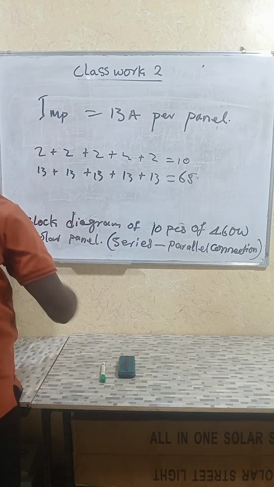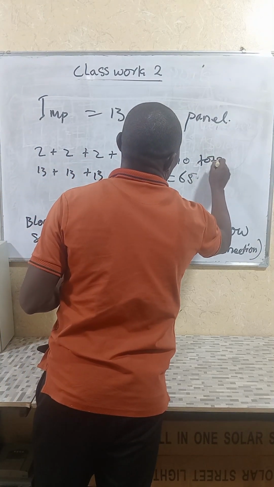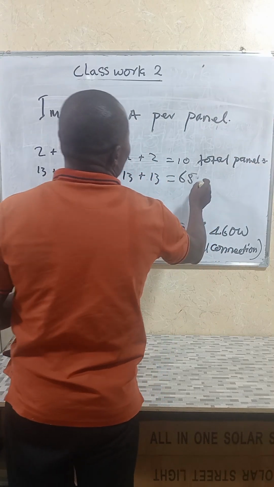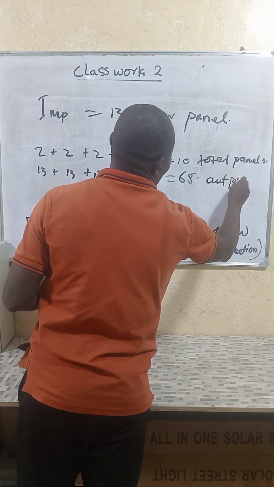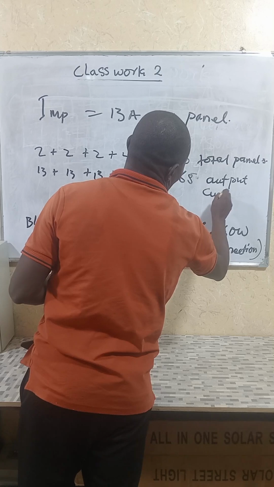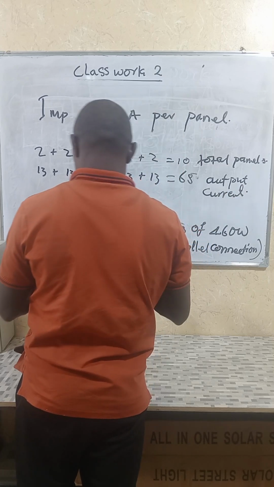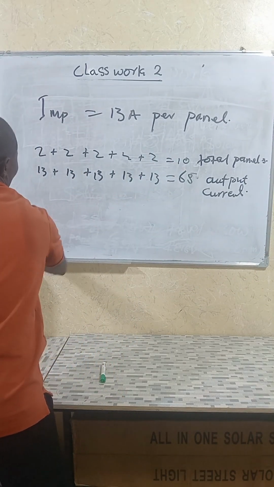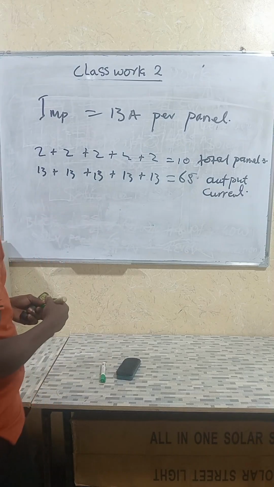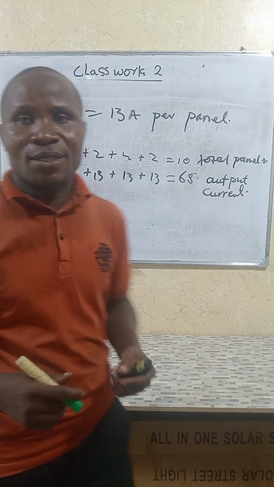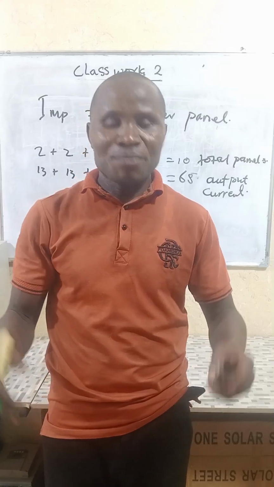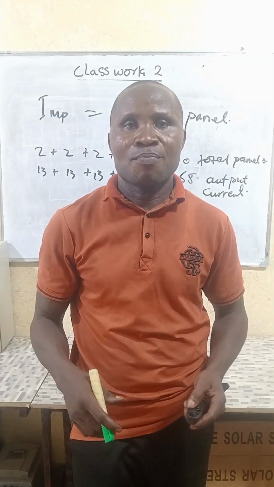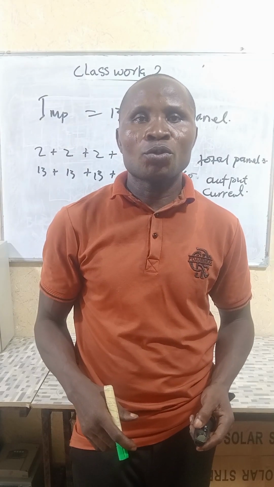This is the output current. As simple as it is, if you make a mistake, it can become a big problem, and that is why it's good you know it very well.